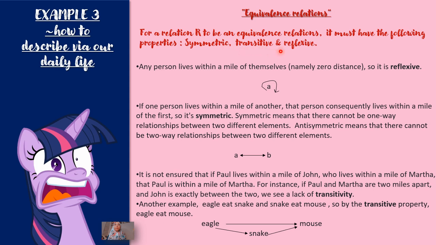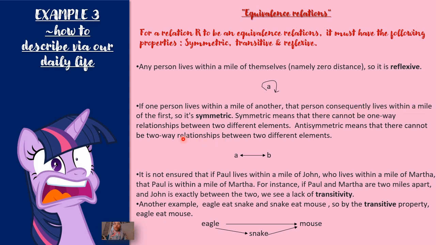For example 1, any person lives within a mile of themselves, namely 0 distance, so it is reflexive. We can use the diagram relationship which refers to itself. Second one, if one person lives within a mile of another, that person consequently lives within a mile of the first. So it is symmetric.